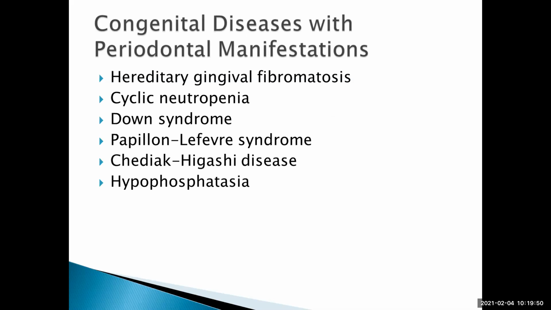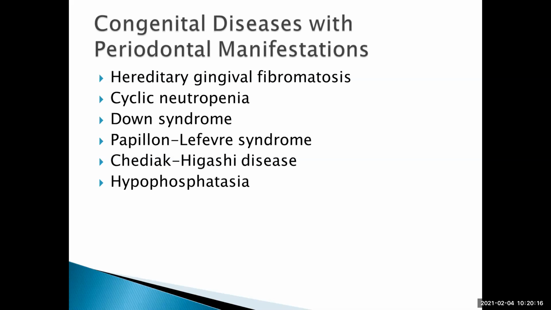That is not very common. Cyclic neutropenia, Down syndrome, Papillon-Lefèvre syndrome. Now, every board review talks about Papillon-Lefèvre syndrome. So when you get into this in pathology, just kind of perk up your ears. Same thing with Chediak-Higashi disease. Again, perk up your ears.